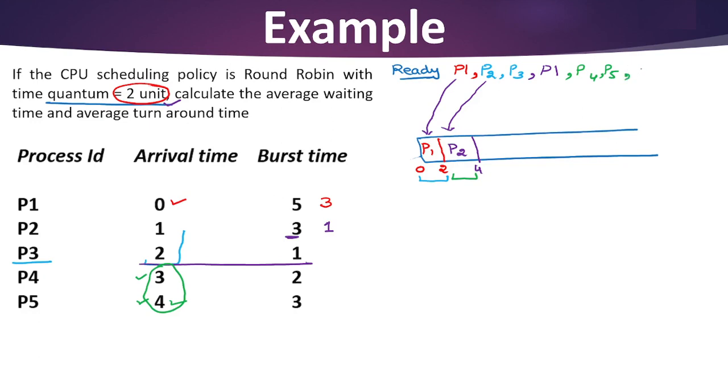So for 1 unit again we will add process P2 here.